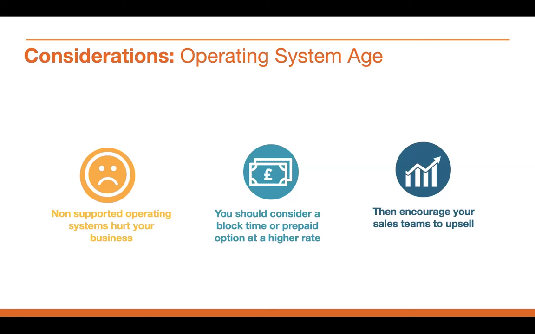Your sales team can then say, look, we can upgrade you to the next version and it will save you this amount, because these systems will then come into your normal support portfolio. So it's an excellent way you can upsell. And of course, it might be a reason why the customer can't move, but if there isn't, you've got that opportunity to use your sales team to upgrade their hardware and their software to meet your support objectives.